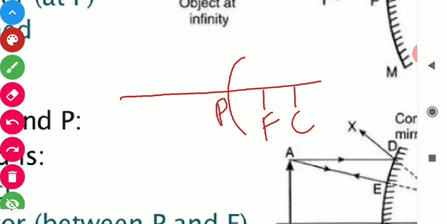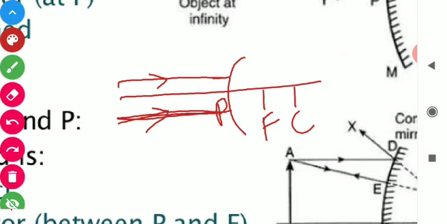Suppose in first case the object is at infinity. So students, we know that when the object is at infinity, then rays coming from that object are parallel to the principal axis. So these are two rays coming from the object which are parallel.